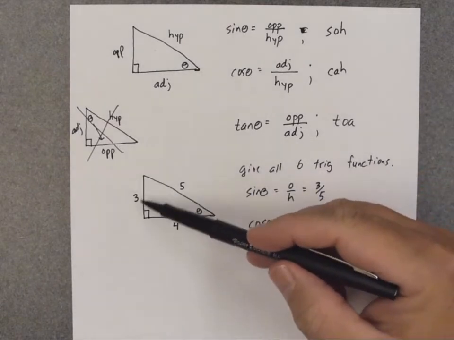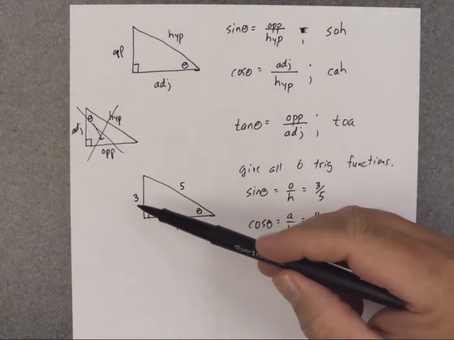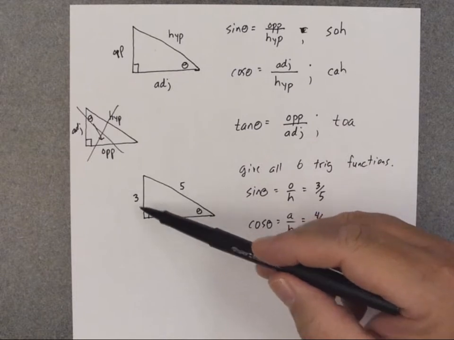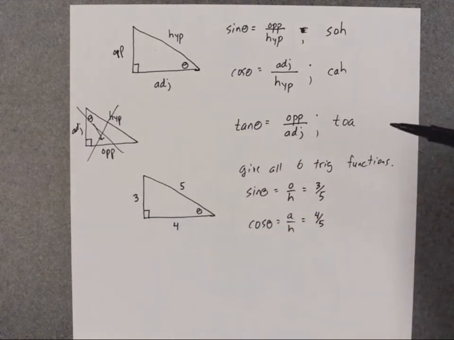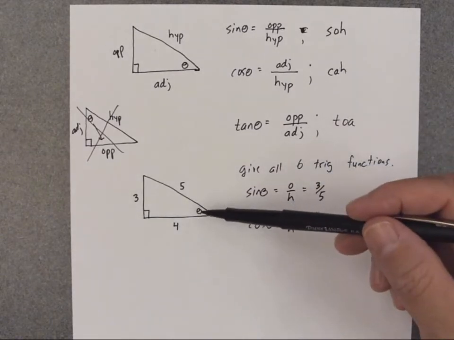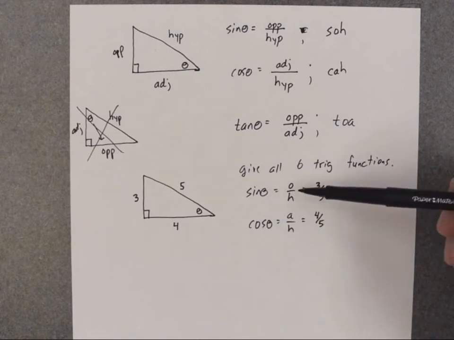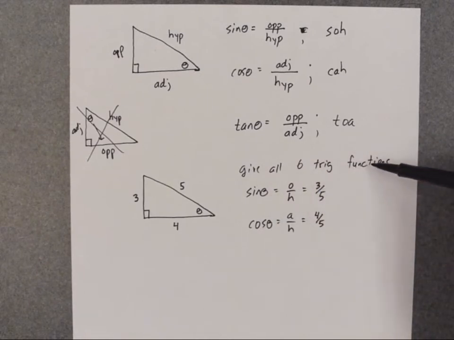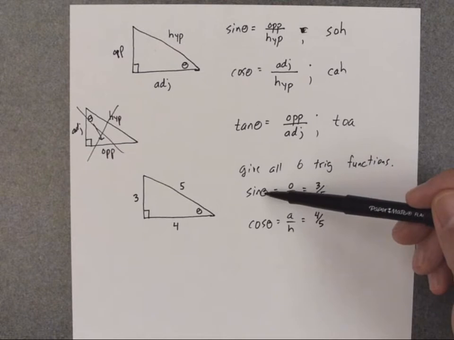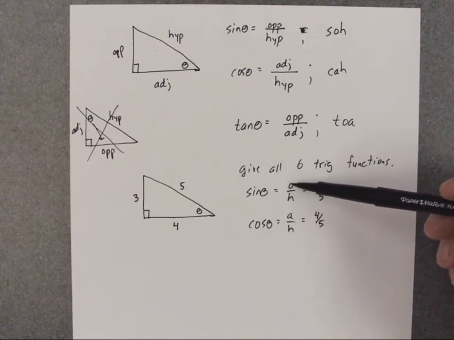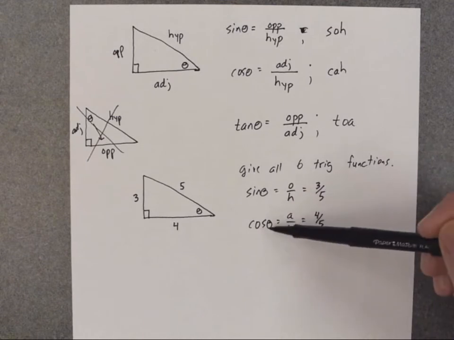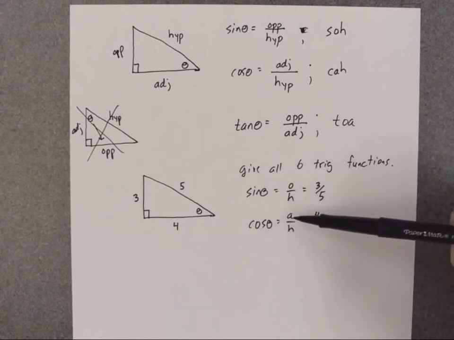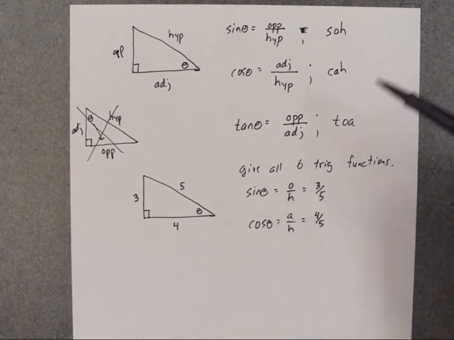So I created this right triangle, and I know the lengths of the 3 sides. It's a pretty famous 3, 4, 5 right triangle. And this is my angle theta, and I've decided to try and find all 6 trig functions. So the sine of theta is opposite over hypotenuse, so 3 over 5. The cosine of theta is adjacent over hypotenuse, which is 4 over 5.